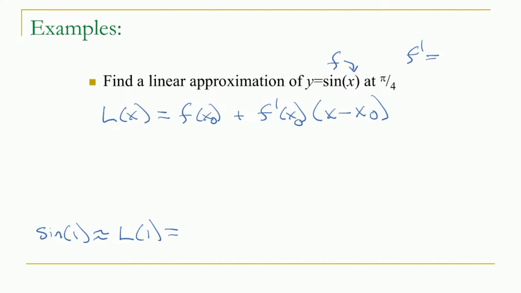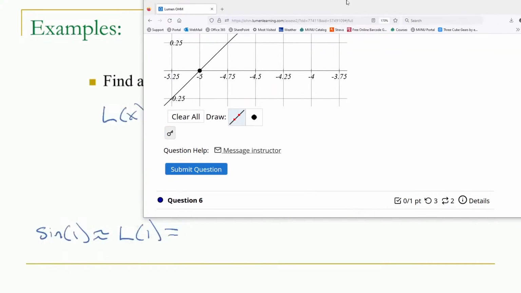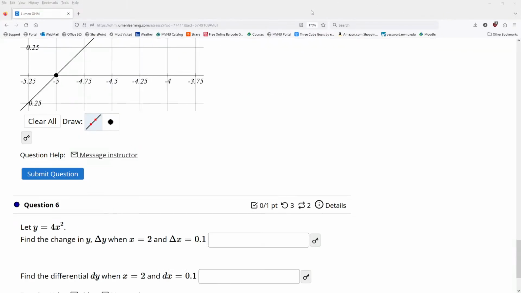Good. Okay, it's going to blank out one more time. I just want to have this set up for when we need it.